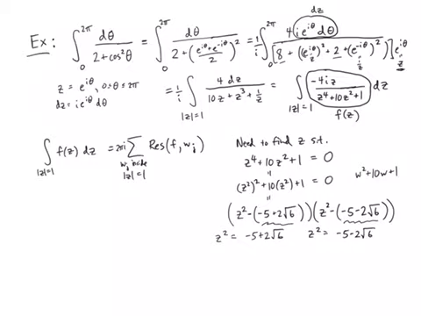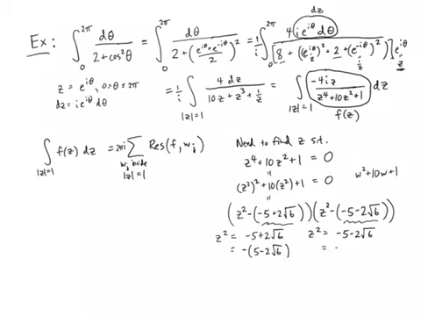And what you can notice is that 2 root 6, when you square that, you get 24, which is less than 25, and 25 is the square of 5. So that tells you that 2 root 6 is less than 5. So this first one, -5 plus 2 root 6, that is less than 0. So you should think about this as -(5 minus 2 root 6), and 5 minus 2 root 6 is positive.